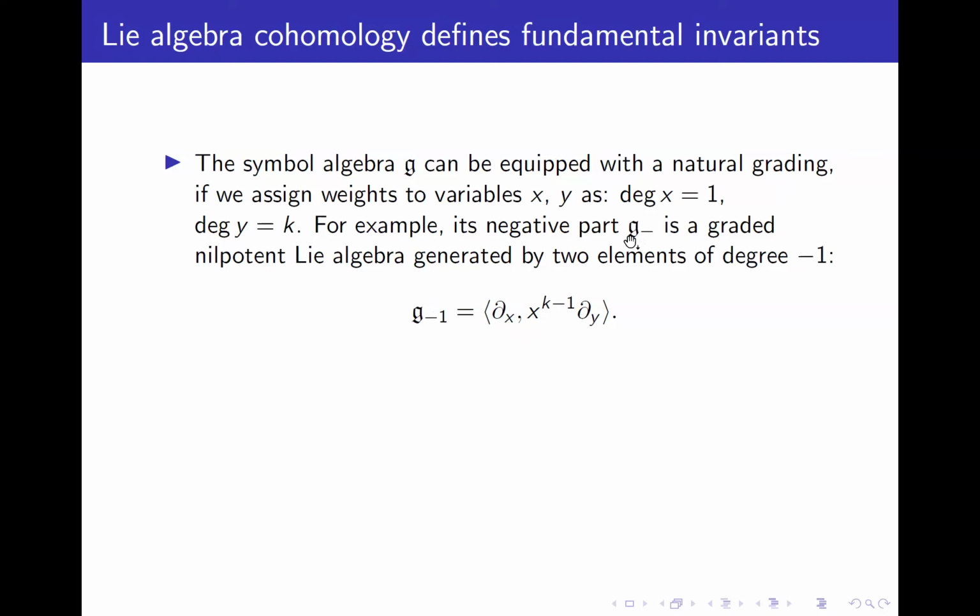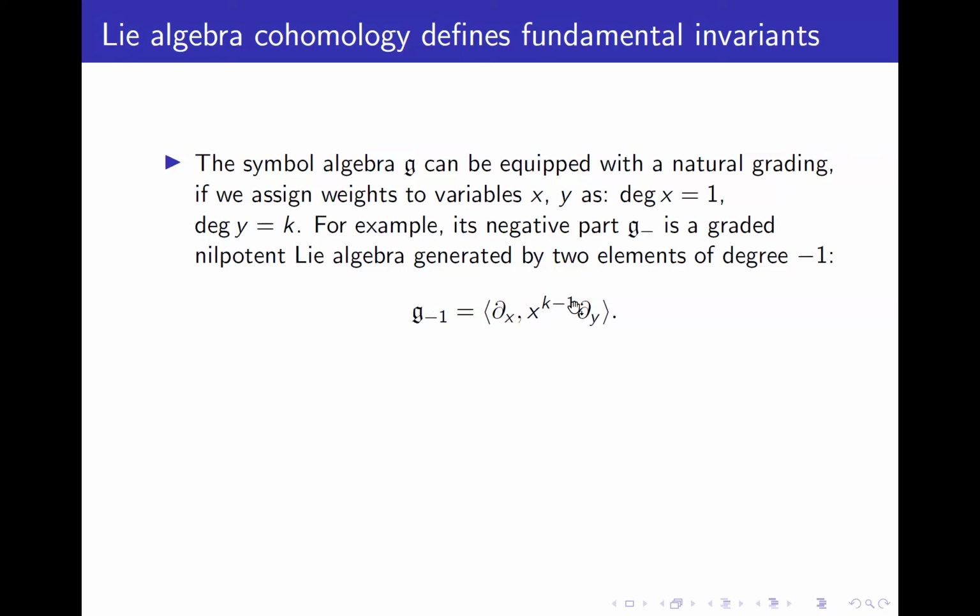For example, G_{-1} is this one. So it's just a two-dimensional subspace. And if I start taking brackets, it will generate the whole abelian part of my G. So if I differentiate x^(k-1) dy by dx, it gives me the whole k-dimensional subspace that is the abelian part of G.